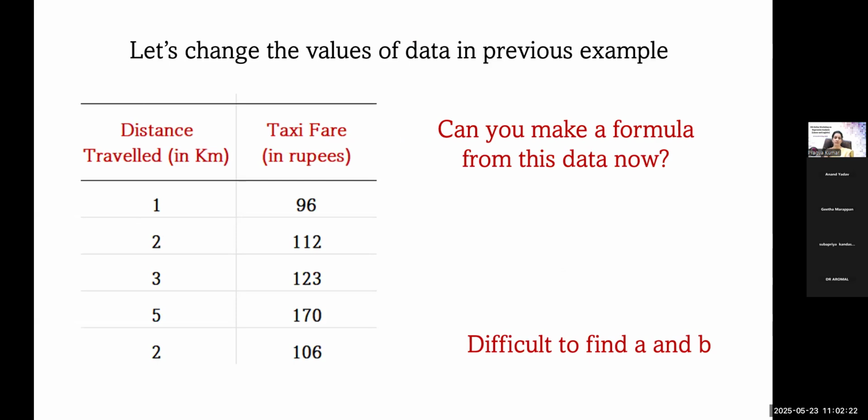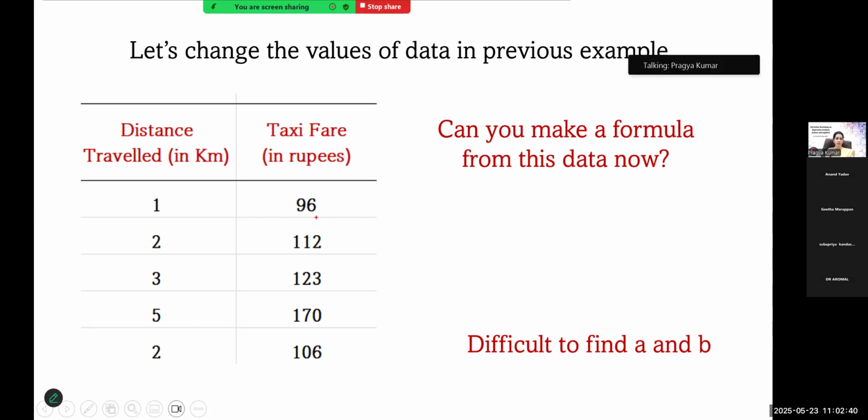Now, if I change the values of the data set in the previous example, for distance 1 it is 96, for 2 it is 112, for 3 it is 123, for 5 it is 170. Again for 2, it is 106. So you can see the values are changing. For 2, one time it is 112 and the other time it is 106.